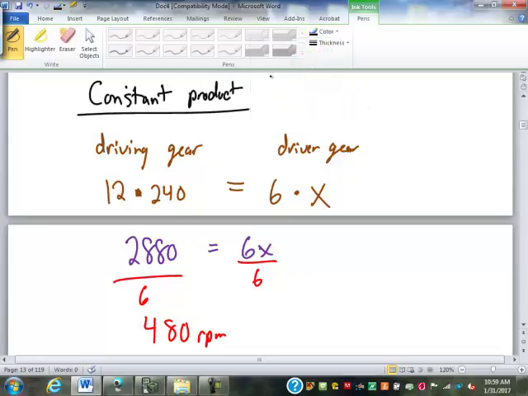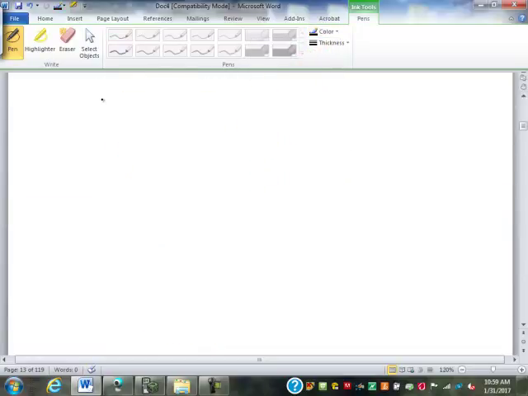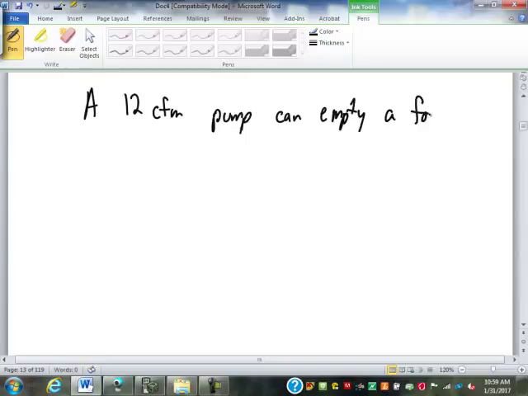Let's look at another situation. Let's say we have a 12 CFM pump that can empty a flooded foundation in 30 minutes.